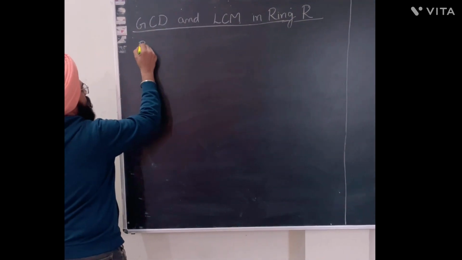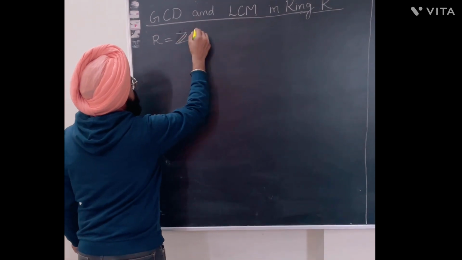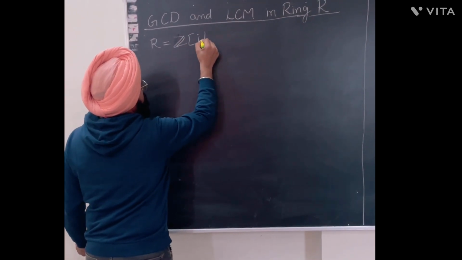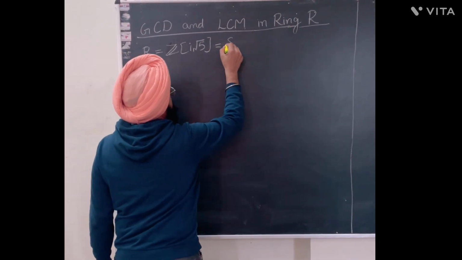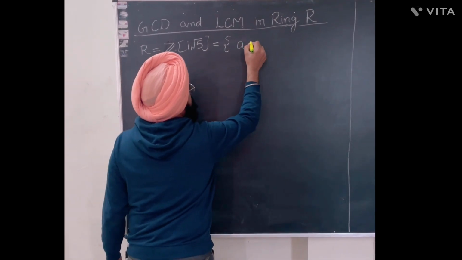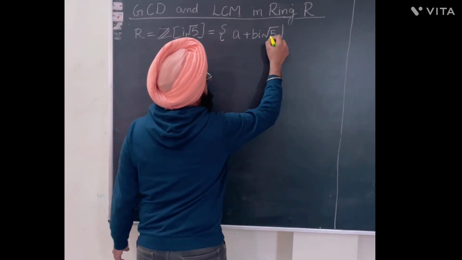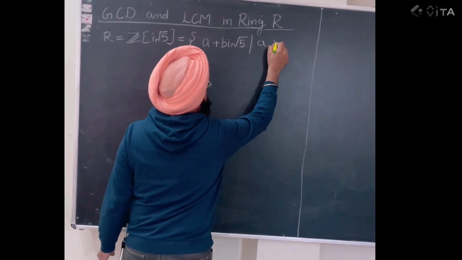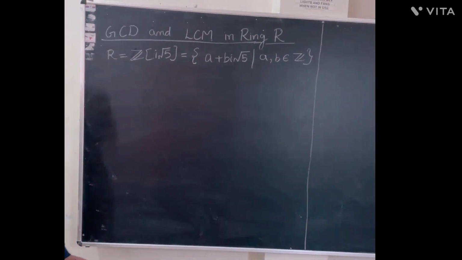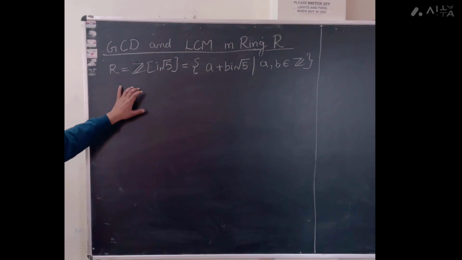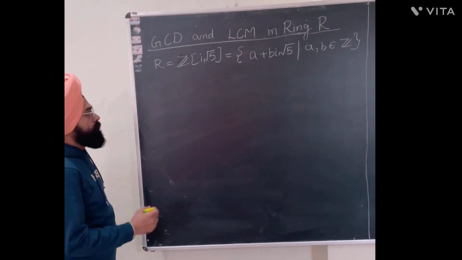So let's consider a ring R, which is Z[iota square root 5], defined as a plus b iota square root 5, such that a and b belong to the set of integers. Now we will find two numbers from this such that they don't have a GCD in this ring R.